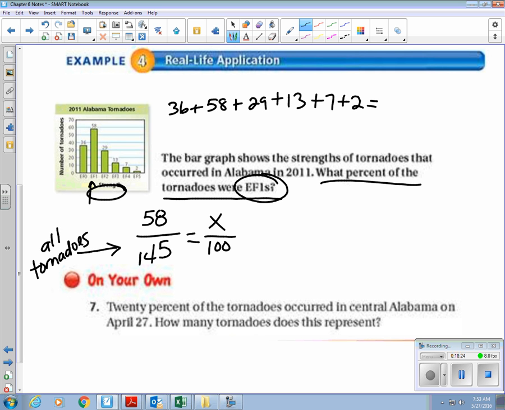Now we can cross multiply to figure out what percent of all tornadoes were the EF1s. I end up with 145x equals 58 times 100, which is 5,800. I can divide both sides by 145, and we end up with x is equal to, let's use a calculator on this.